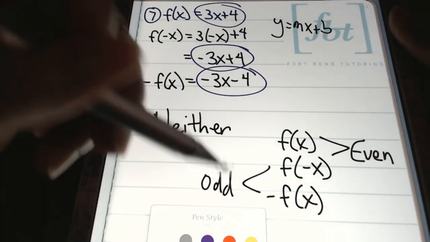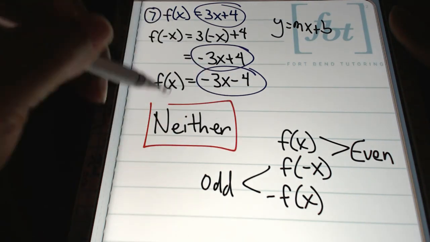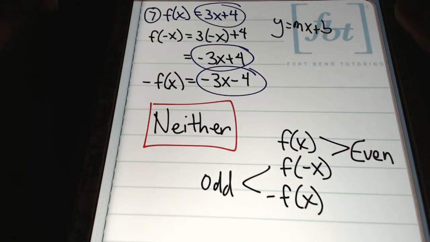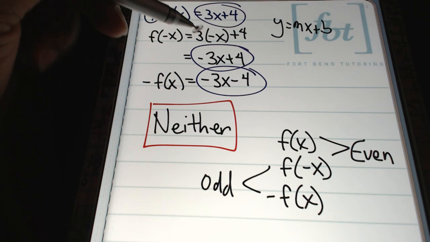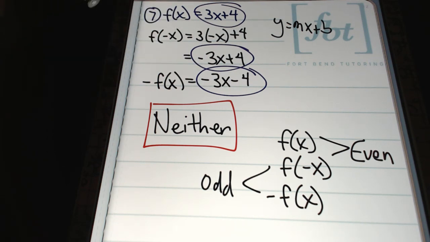Exactly. So don't go into these problems assuming, especially if you're new to the function and don't have a visual representation in your mind of what this graph will look like. If you're unable to do that just yet, then you need to carry out the process for the even and odd functions to verify whether or not you're dealing with an even or odd function. In other words, prove your result. Prove your answer.